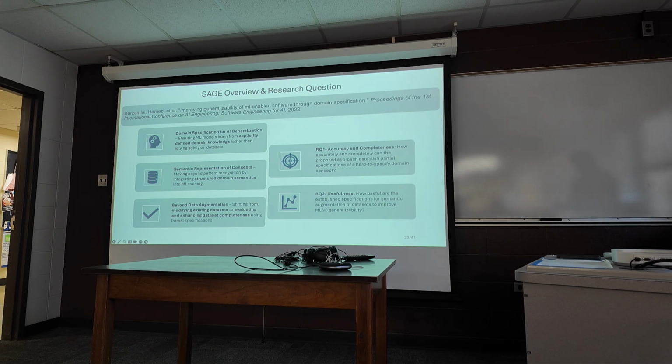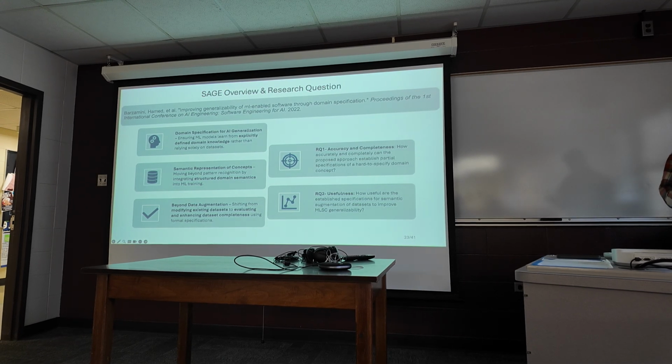We evaluate these through two core questions: how accurately can we define the partial specification for hard-to-specify concepts? How useful are those specifications for improving dataset quality and model generalizability?